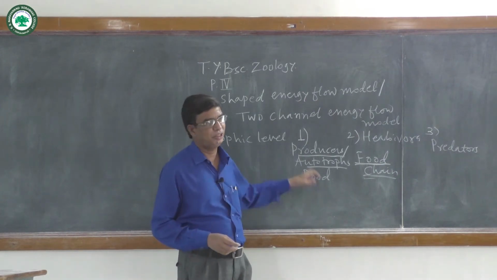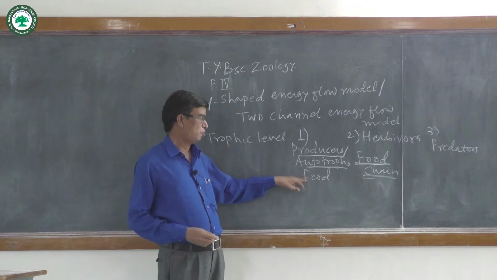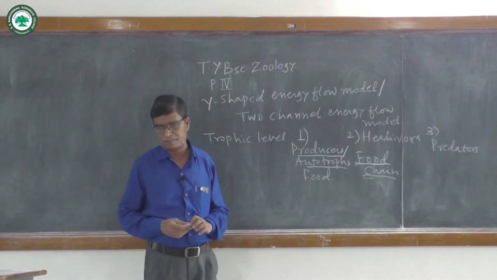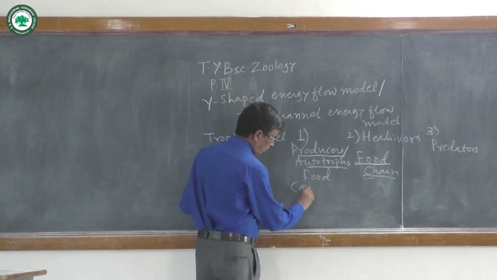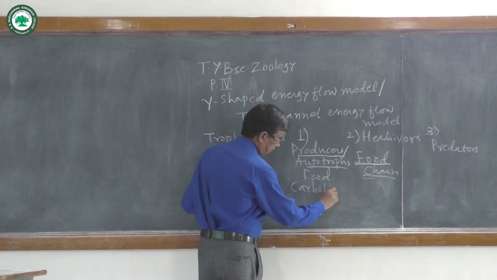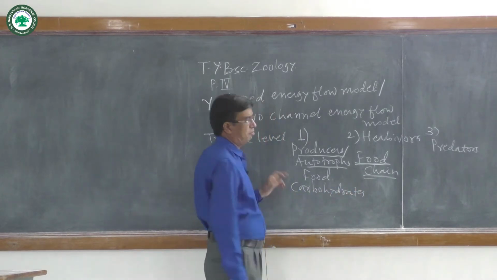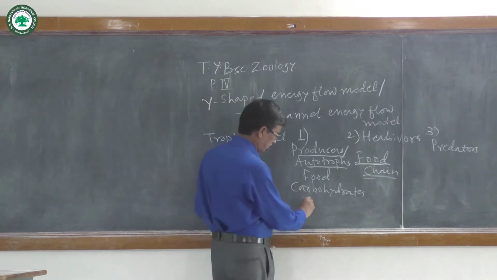During this feeding process, the food material produced by producers, that is green plants, mainly contains carbohydrates, and also fats and proteins, that is amino acids.